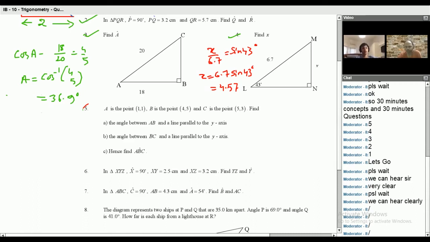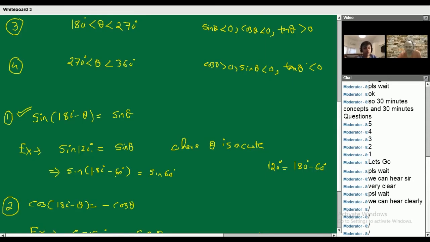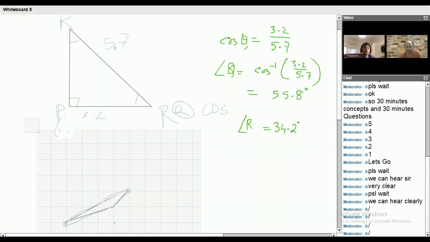Angle between AB. Okay, so AB you have to find out.